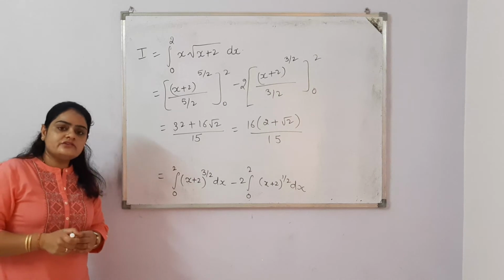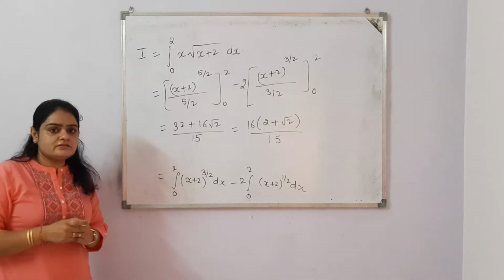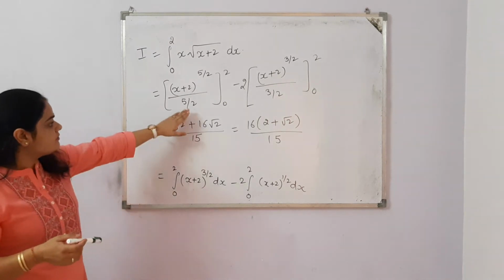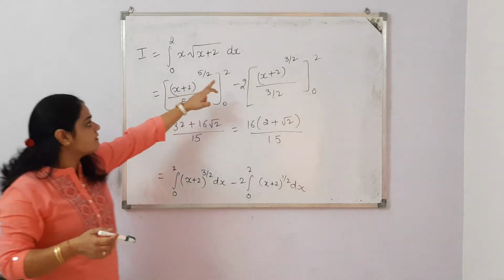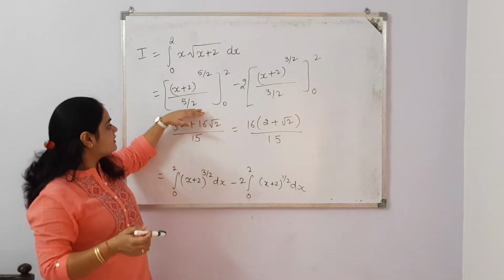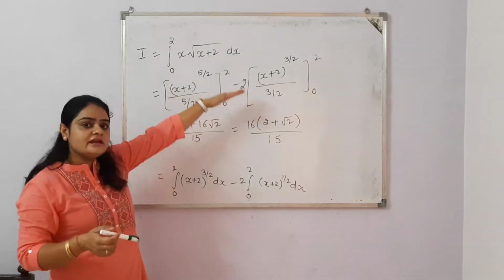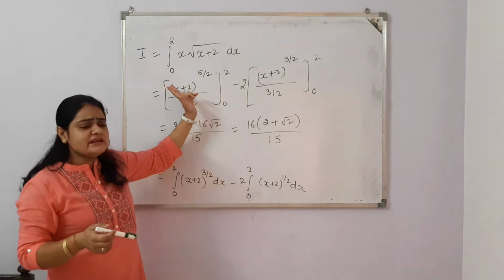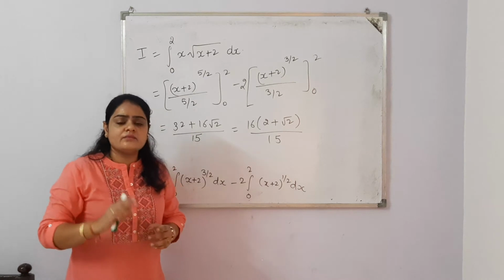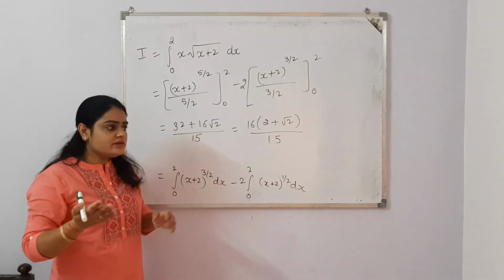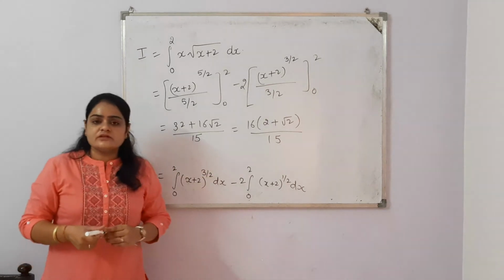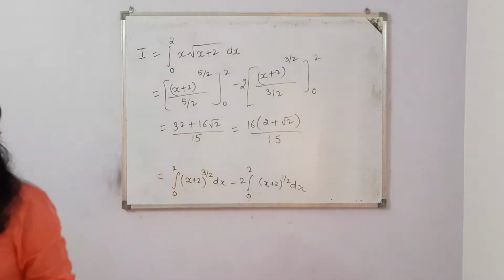Calculations should be done on your own, because it depends on you whether you take 2 by 5 out and then apply the limits, or take 5 by 2 in the denominator and then take the limits inside. It's up to you. After doing the calculation, you will get the same answer. If you have any problem in calculations, you can contact me for this question. So let's do another question.